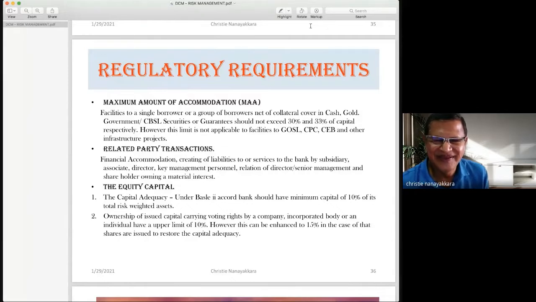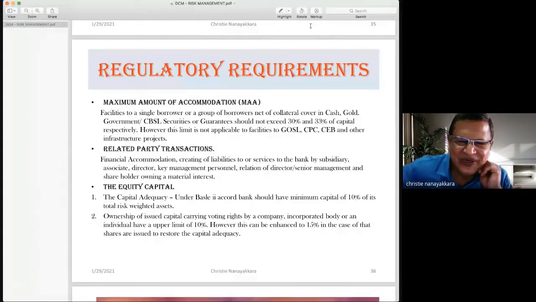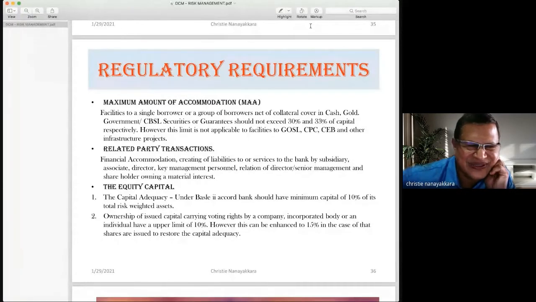Then customer B gives a collateral. The qualifying collateral is only cash, gold, and government securities or guarantees. He gives a guarantee, so you deduct that guarantee of 0.5, his exposure is also 3.5 billion. But he gives a property, and the property is not a qualified collateral in this particular situation.